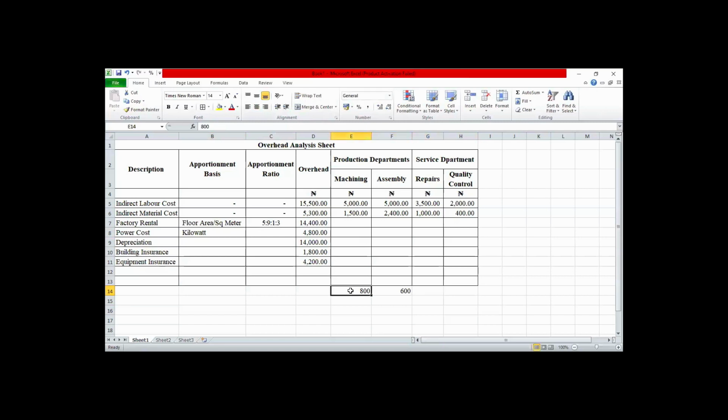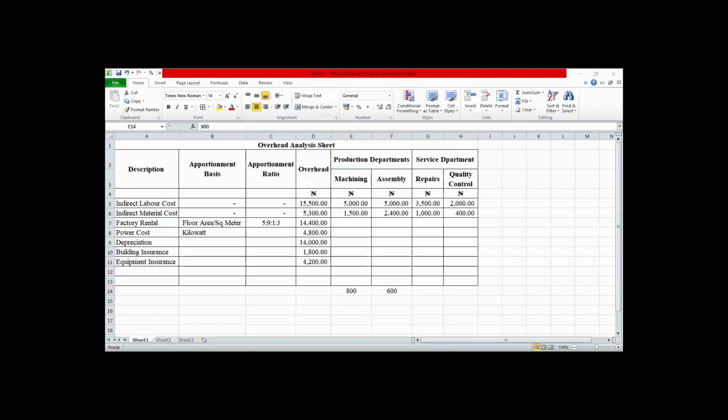What about assembly? 100. The assembly is 100, not 600. Machining is 600.